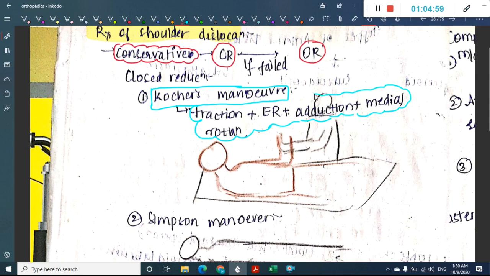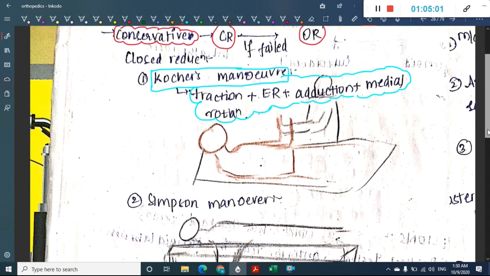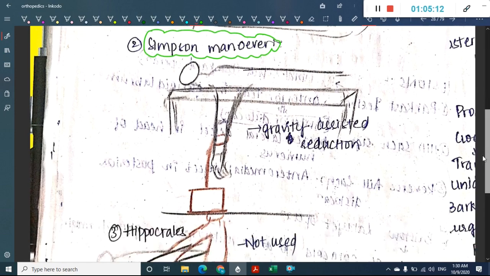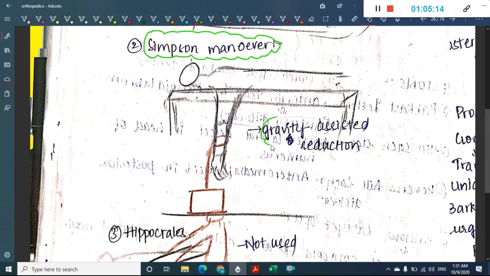Then we have the next maneuver, which is called Simpson's maneuver. This is a gravity-assisted maneuver, where you tie the limb to a weight towards the ground. Based on gravity, it undergoes reduction by itself. So that is Simpson's maneuver.